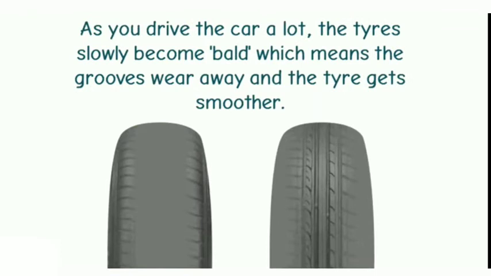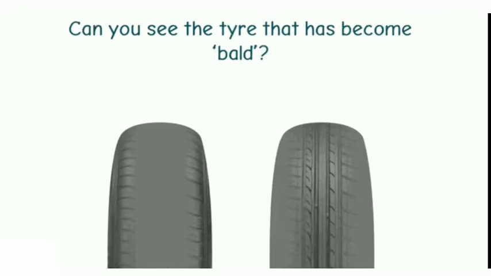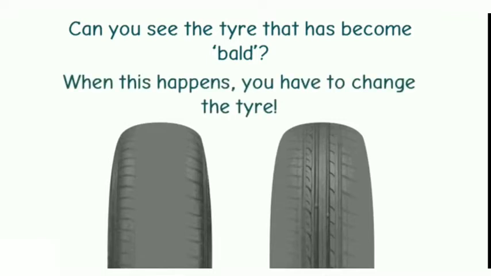As you drive the car a lot, the tires slowly become bald, which means the grooves wear away and the tire gets smoother. Can you see the tire that has become bald? When this happens, you have to change the tire.